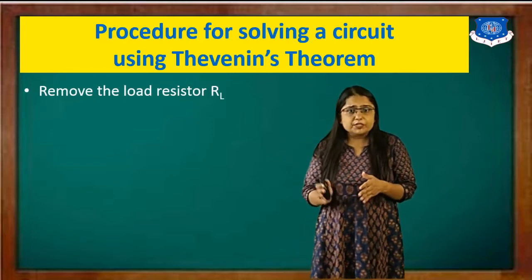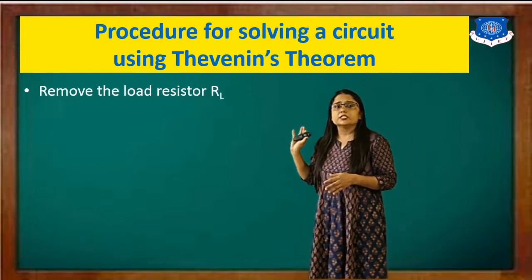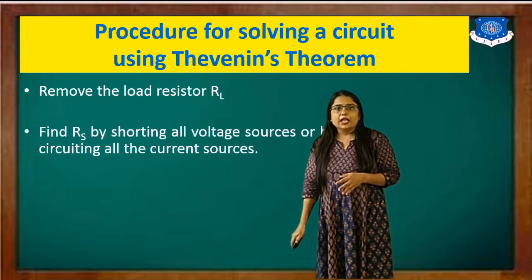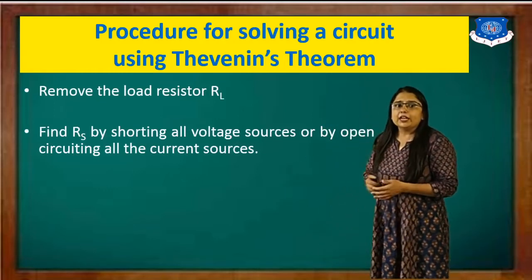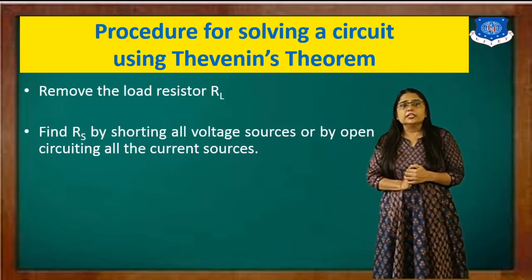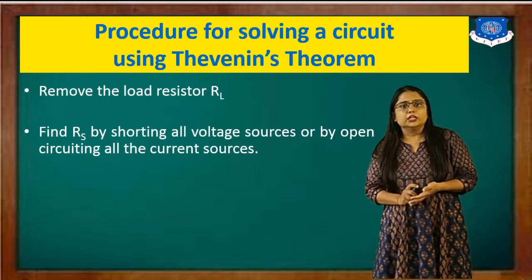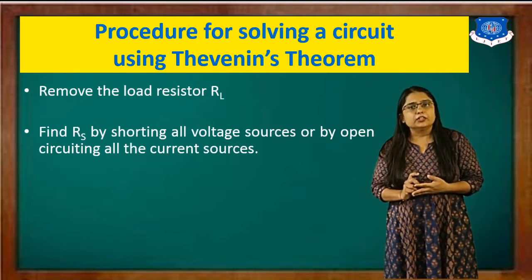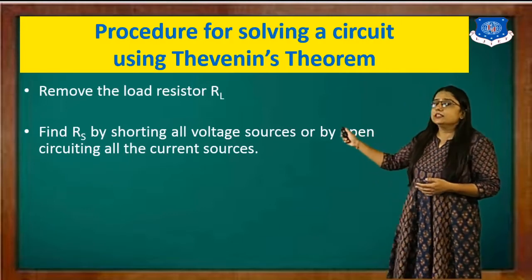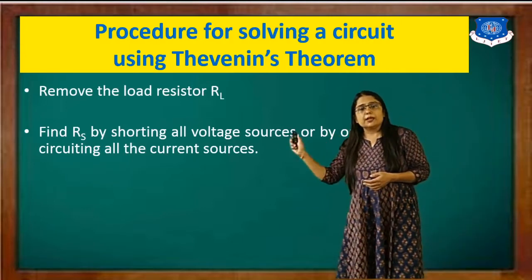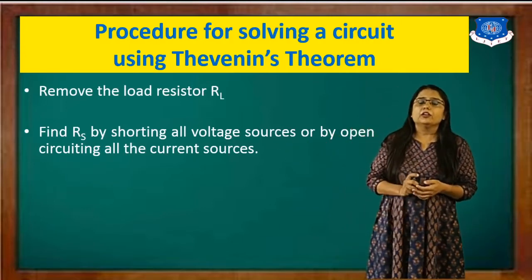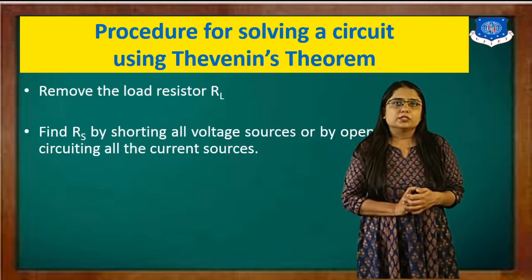Then the first step is to remove that load resistance RL, and then find the Rs by short circuiting all the voltage sources and open circuiting all the current sources present in that network. And this step number 2 is applicable for only independent sources.